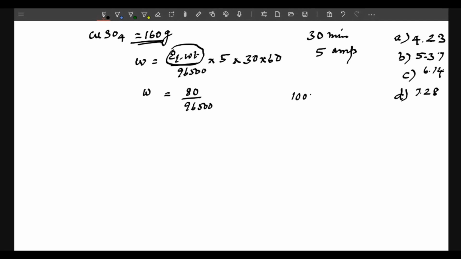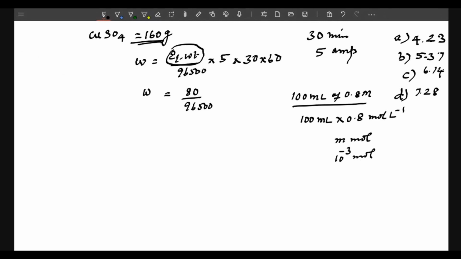Originally, in 100 ml of 0.8 molar copper sulfate, how much gram of copper sulfate is present? That can be easily calculated. First convert into moles: just multiply the volume and the molarity, you will end up with so many millimoles. The millimoles are converted into moles.